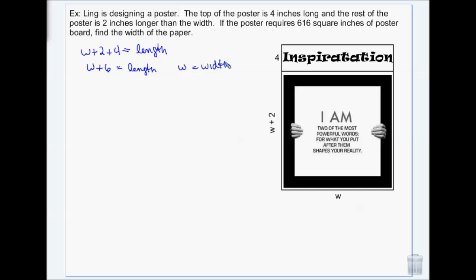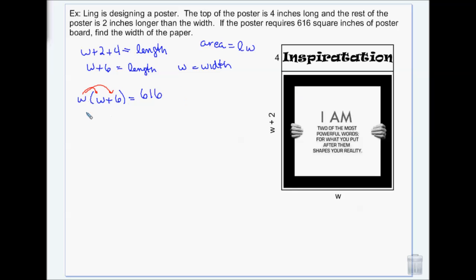And area equals length times width. So we've got W times W plus 6 is equal to my area of 616. So I'm going to multiply this out first.